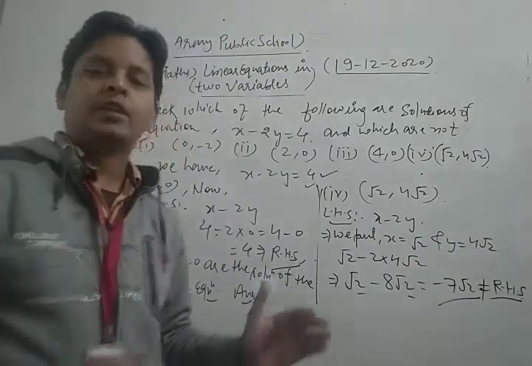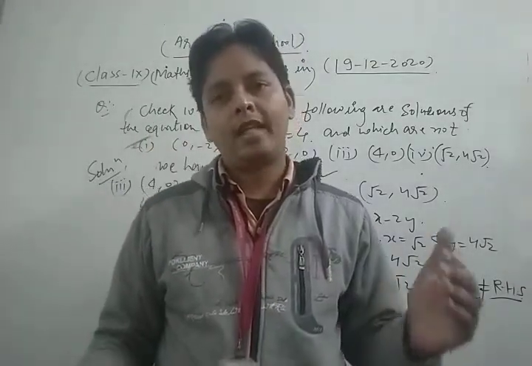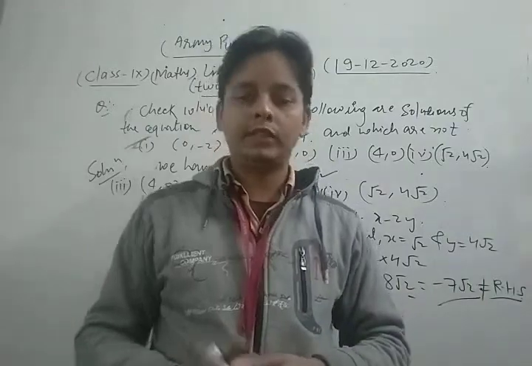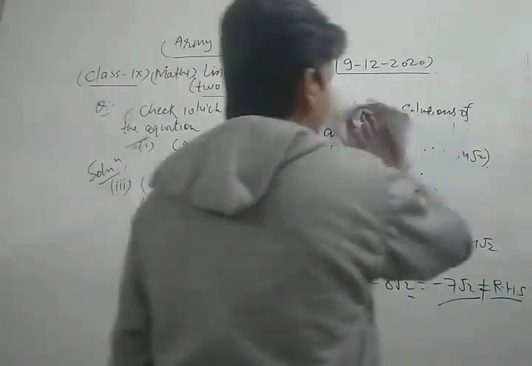Thus in this way, dear student, we clear the concept of the topic solution of the linear equation. Now we take one more question based on that topic. Let's see.